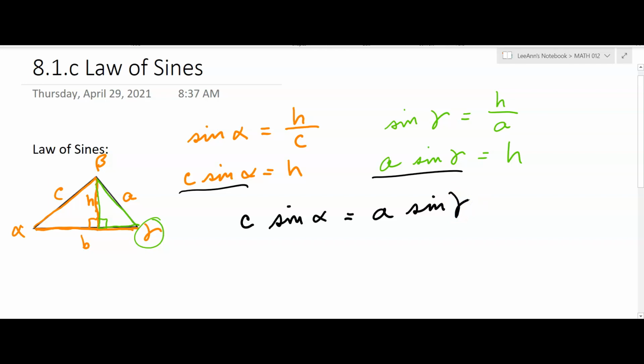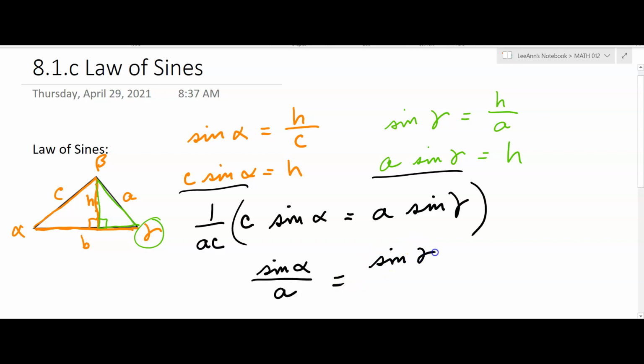But we would like to have it a little cleaner. So we multiply both sides by 1 over AC. That gives you sine alpha over little a on one side, and on the other side, sine gamma over little c.